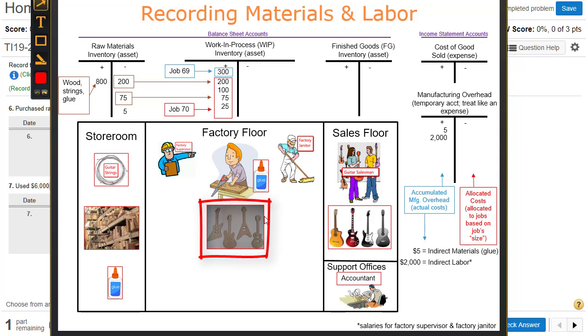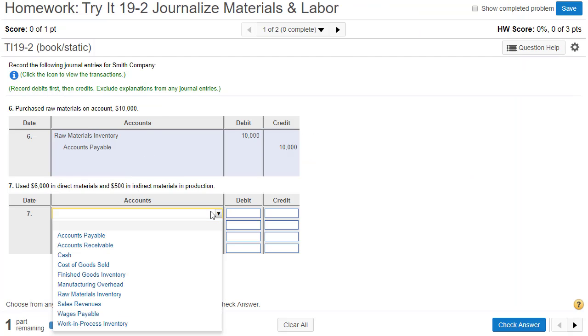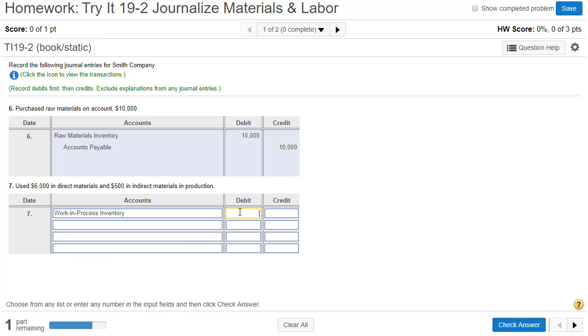In this workflow diagram, the products are guitars. So any materials that can be traced directly to one guitar versus another guitar, those are direct materials. And direct materials, when they're being used, increase the work in process account.